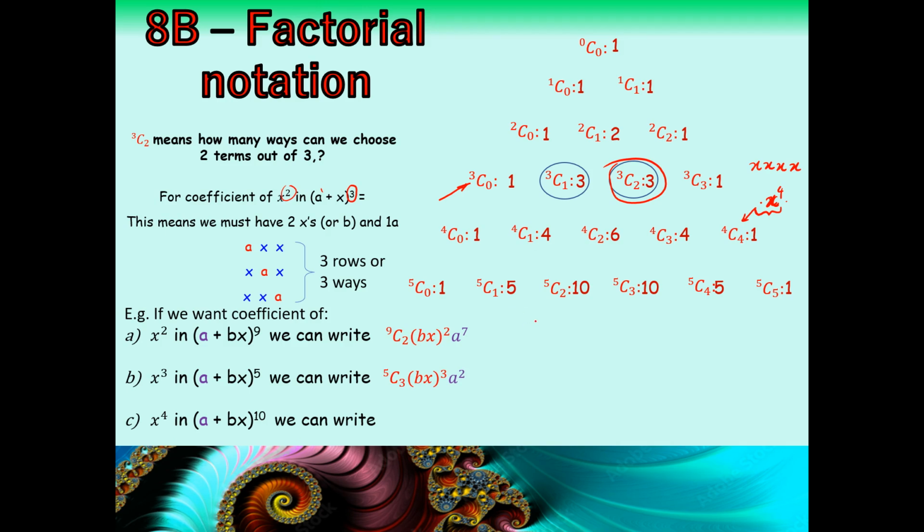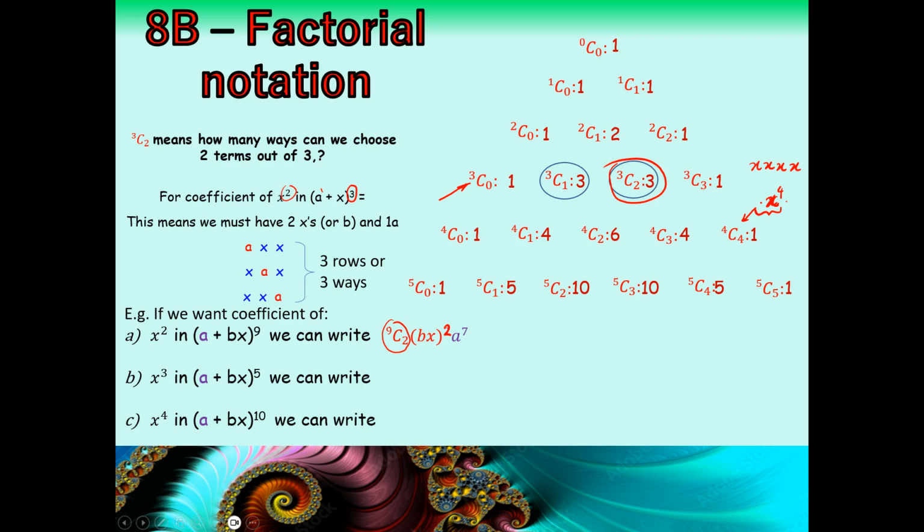The final coefficient, the final answer, we will deal with in a minute, but I'm just trying to make you understand that once bx is raised to the power of 2, the power of a has to be the complement of 2 that will add up to 9. That's why we choose 7 there. So get used to the idea of finding the complement.